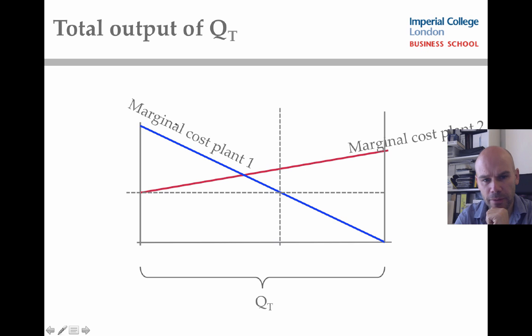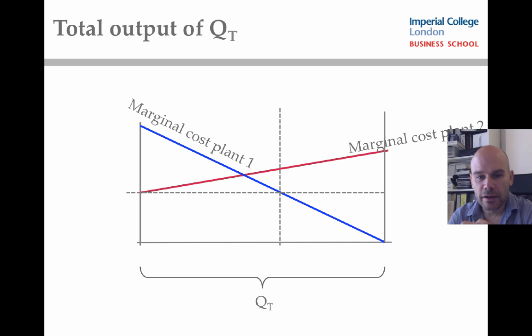On the other hand, for plant 1 we start on the right hand side. That's if plant 1 produces 0 units, and this is if it produces QT units, sorry. Whereas here for plant 2 we have the marginal cost when it produces QT units.